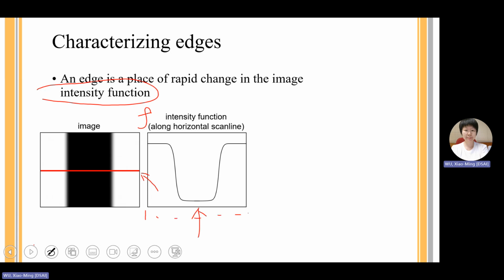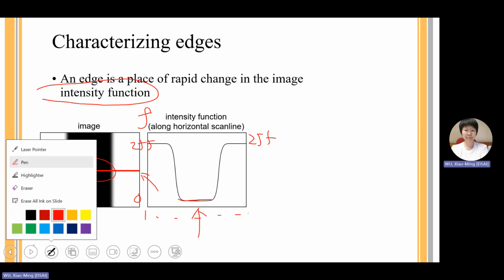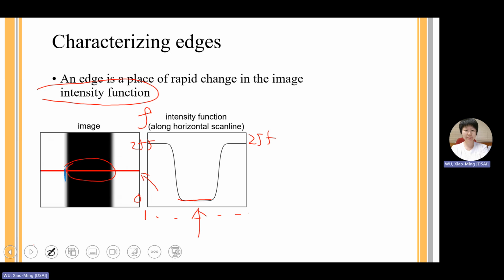Initially, at the beginning, the function value is around 255. Then within this range, its value is 0. Then it goes up again to 255. So where are the edges? Apparently, the edges are here and here.